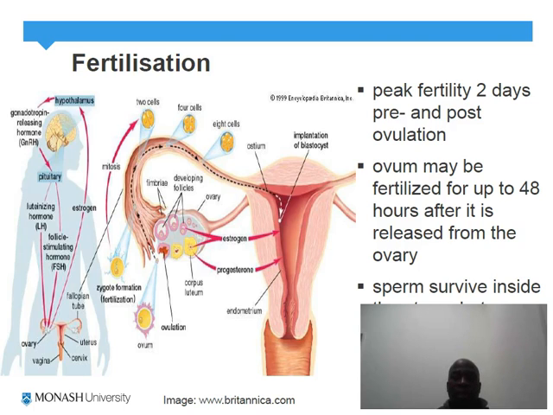That's the important period. Also, sperm survival inside the uterus is between 48 to 72 hours on average. So you can see that the body physiology has been designed such that it gives a lot of room for the fertilization of the egg and formation of the baby, the fetus.